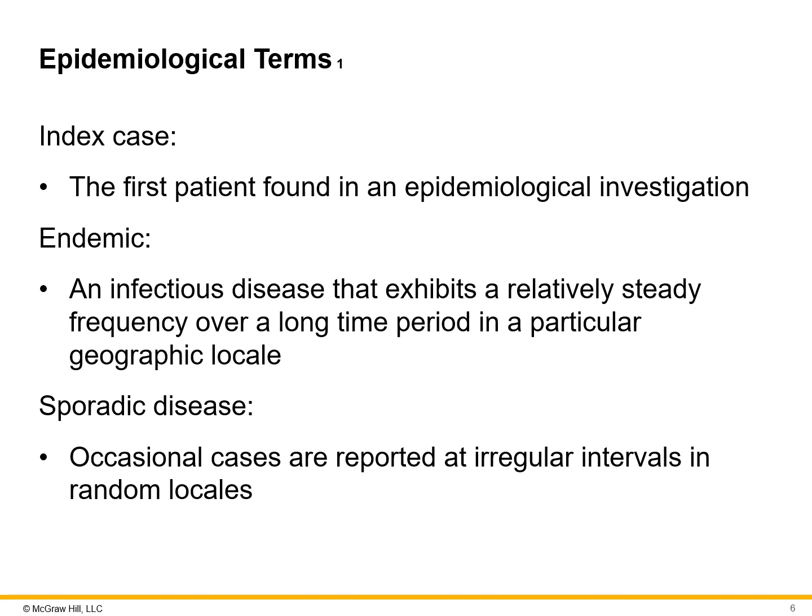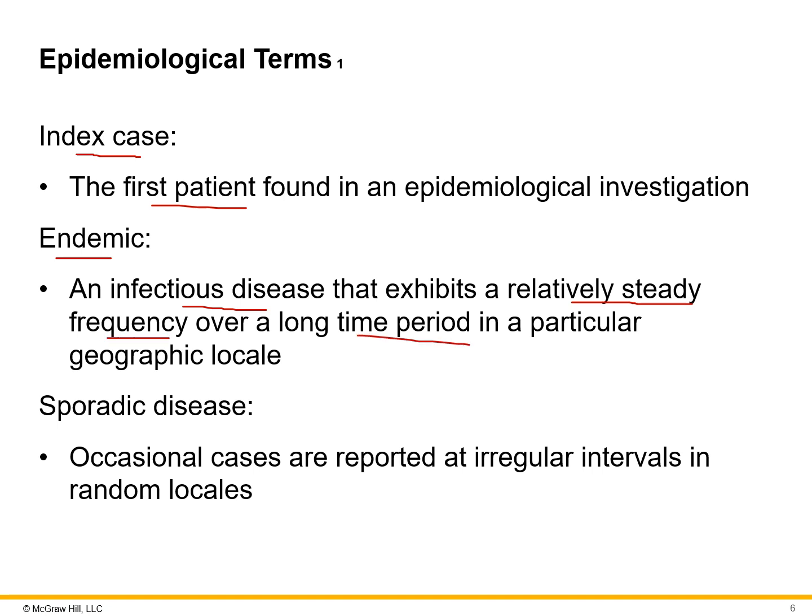So some other terms that go along, again, lots of terms in this chapter. Index case, this would be the first patient found in the investigation. If something is endemic, it means that that infectious disease exhibits relatively steady frequency over a long period of time.